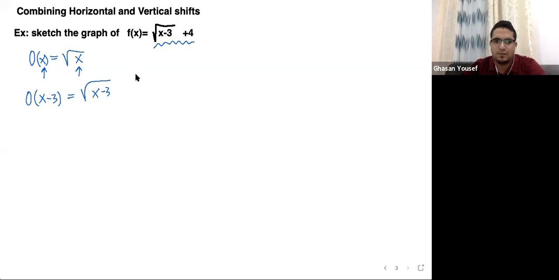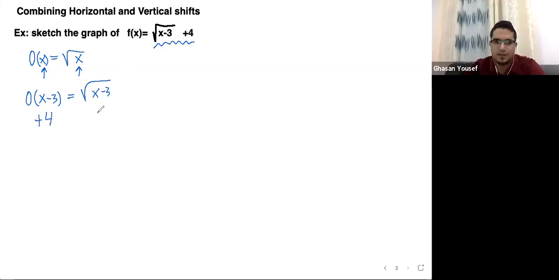What should I do now? I'm close to the f of x. What do I have to add for both sides? 4. Yes, add 4 to both sides. Now I'm going to get O of x minus 3 plus 4 equal the radical of x minus 3 plus 4.